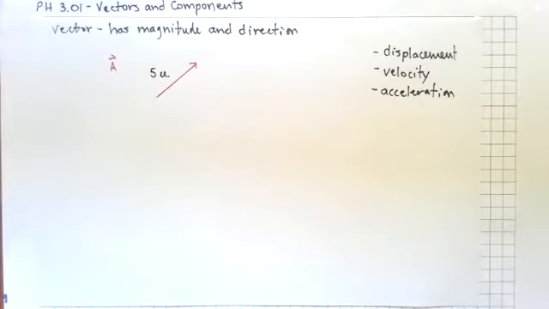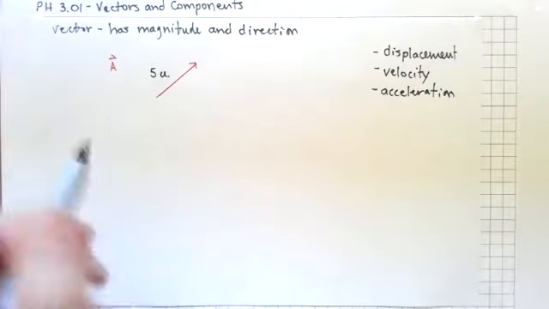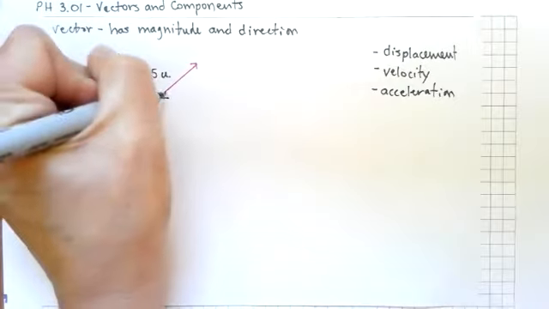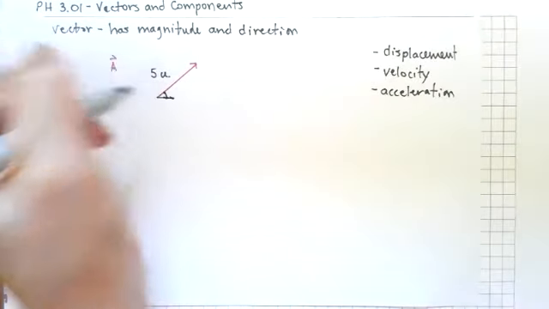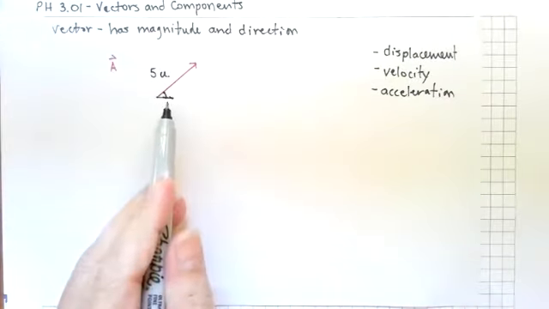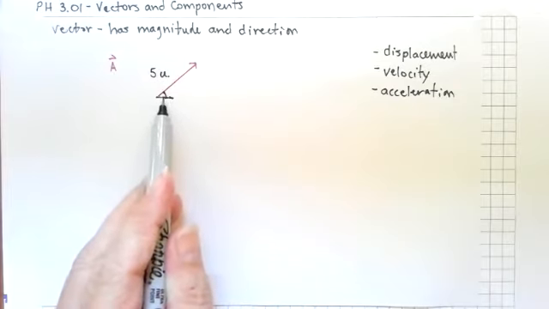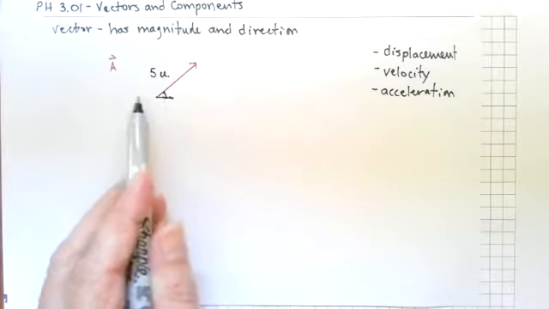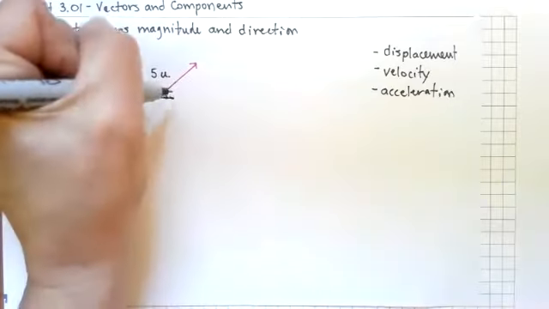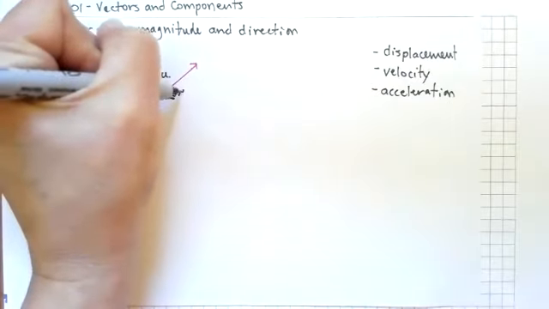But when we talk about displacement, velocity, and acceleration, we have to have both a magnitude and a direction. I'm going to give myself a little horizontal. A lot of times we'll talk about dropping in a horizontal, which means a horizontal to the vector, and that's usually on what we would call the x-axis. This is roughly 37 degrees.